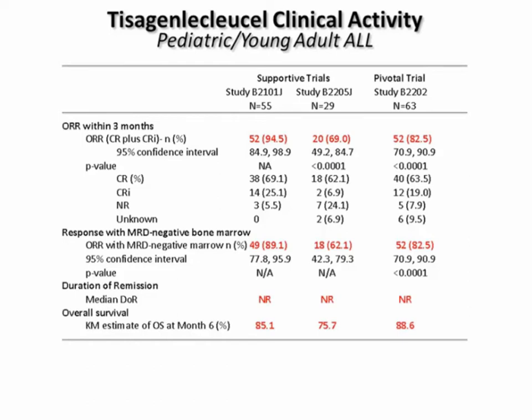The duration of remission has not been determined yet because it hasn't been released. The overall survival, by Kaplan-Meier estimate, is 88.6% at month 6. So these children are living a long time, and of course Emily Whitehead is 6 years out, and we can really now start thinking about cures.